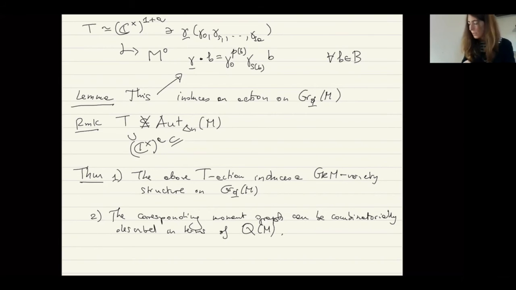So let me comment on both points. First of all, remember the definition of GKM, I recalled it already several times, it had three requirements.